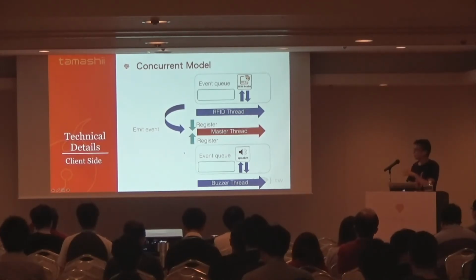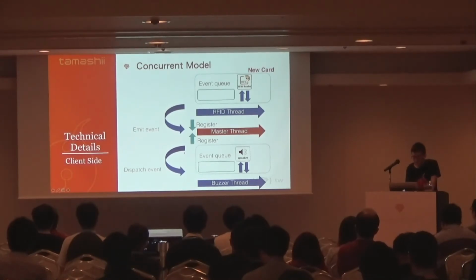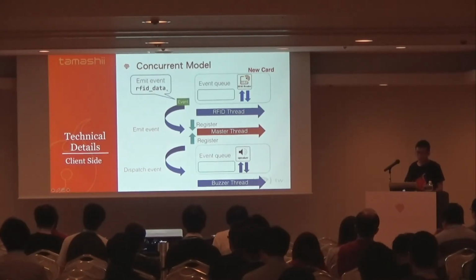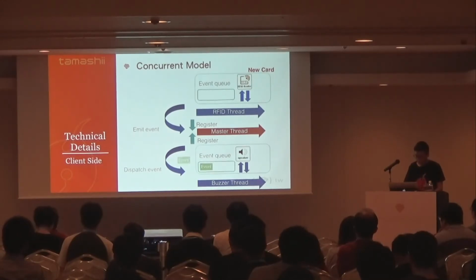Then the master thread will bypass the event to the buzzer. In the example here, we will emit an event called RFID data, and then the event will be passed to the master, then dispatched to the component. And finally, we will play the sound in the buzzer.